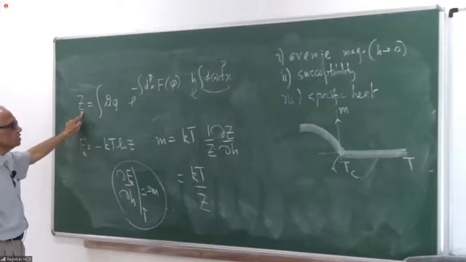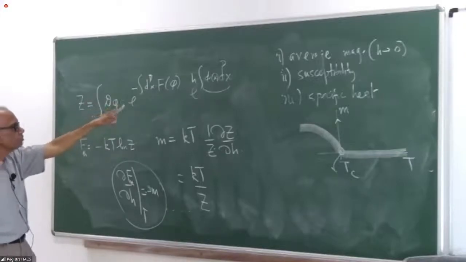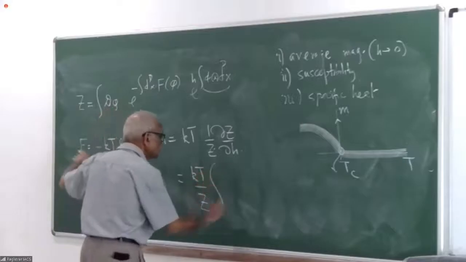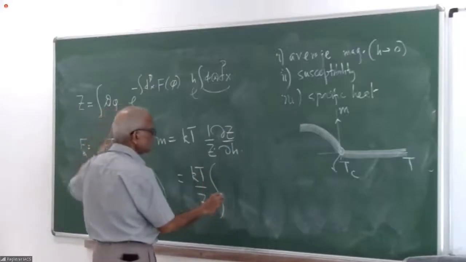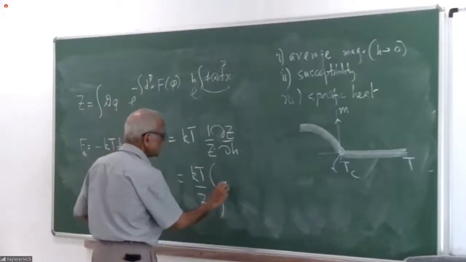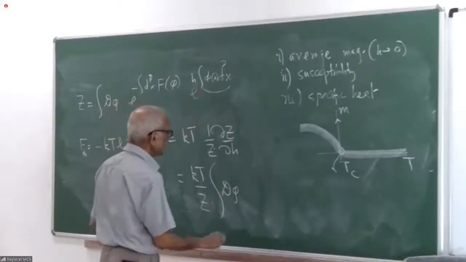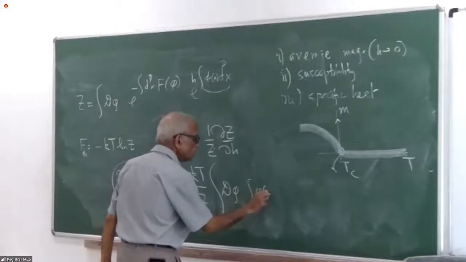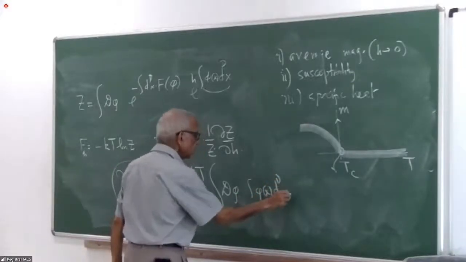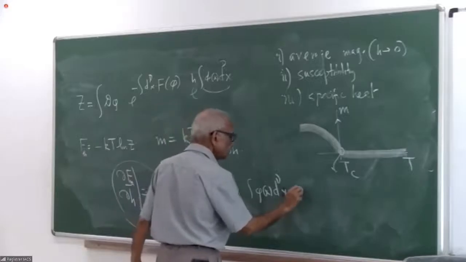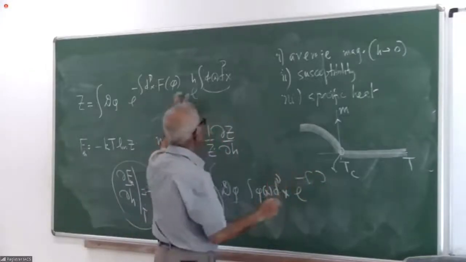So del Z del H brings down that quantity, so it is an integral. Now it is integral, there is d phi, and there is going to be this integral phi of x ddx, and then there is this weight factor over here.